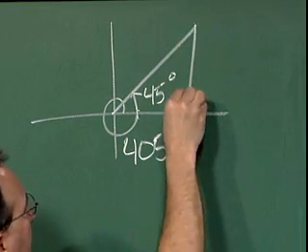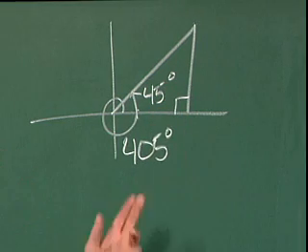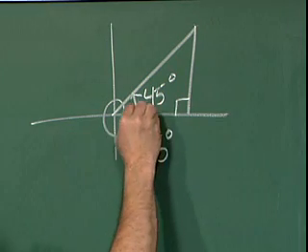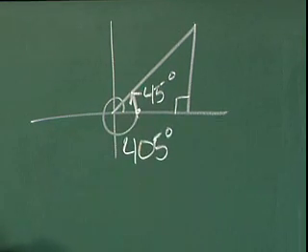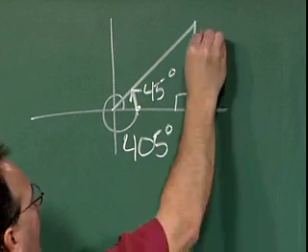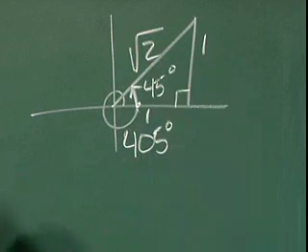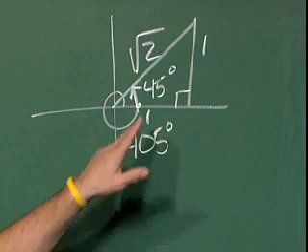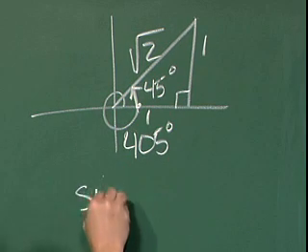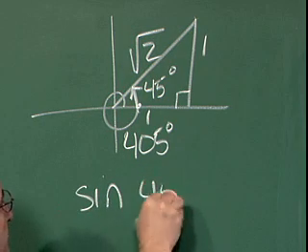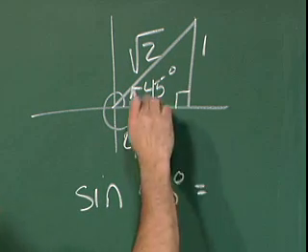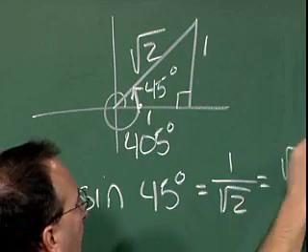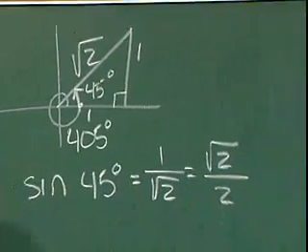Drop a perpendicular, and I realize that the reference angle is in fact 45 degrees, because the angle from the x-axis to the terminal side is 45, so I have my special right triangle of 1, 1, square root of 2. So now what we want is the sine of 45 degrees, which equals the opposite over the hypotenuse, which when we rationalize would be the square root of 2 over 2.